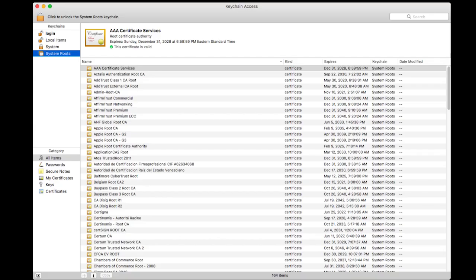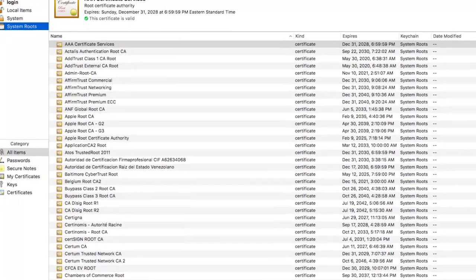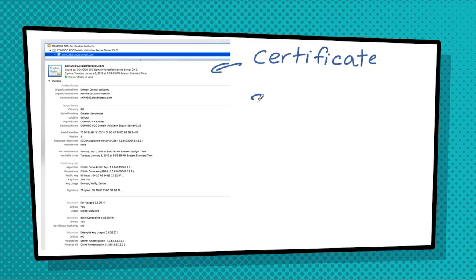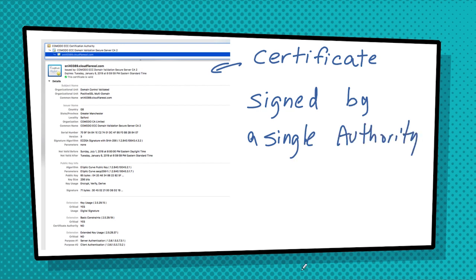Now, every web client has a default collection of certificates from major certificate authorities. So your browser will have a collection of trusted certificate authorities that are very popular out there, right? Now, each certificate is signed by a single authority, and in turn, the certificate of the signer is signed by another authority, each becoming more widely accepted.